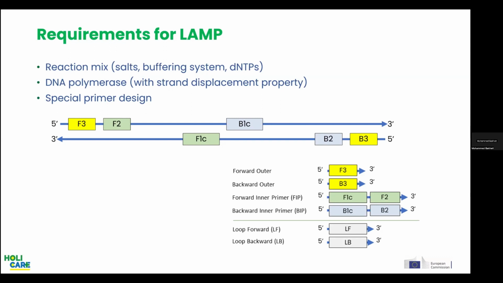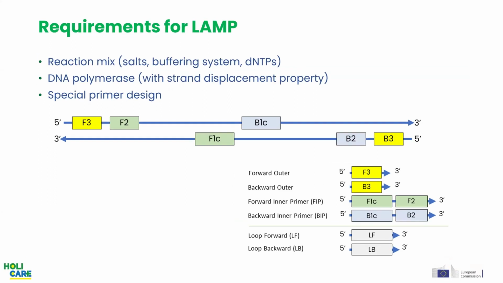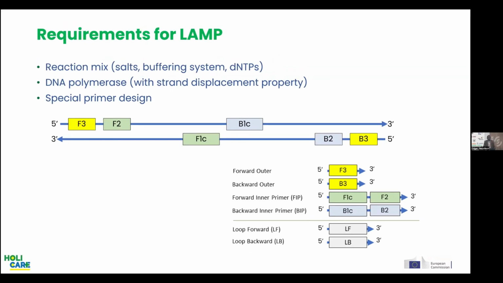Thanks a lot. Yes. So as I was mentioning, the requirements for the LAMP reaction are the reaction buffer, the DNA polymerase, and the primers. And the primers are composed of two sets: the outer primer sets and then the inner primer sets. The outer primer sets are marked in yellow color, and we have the inner primer sets.